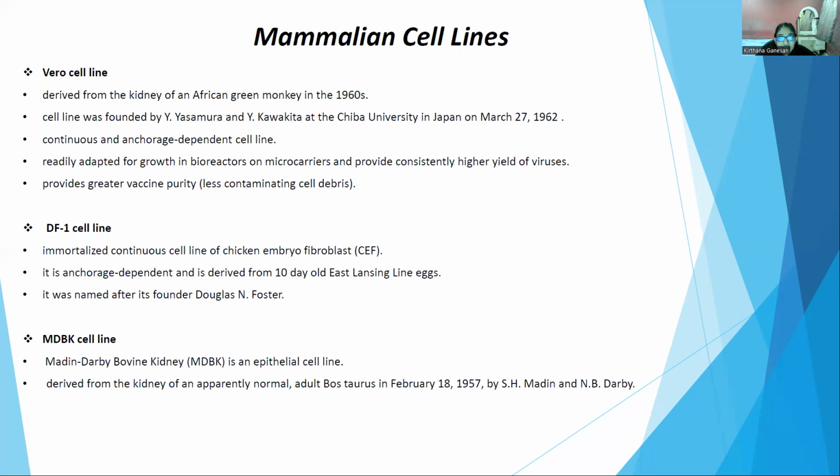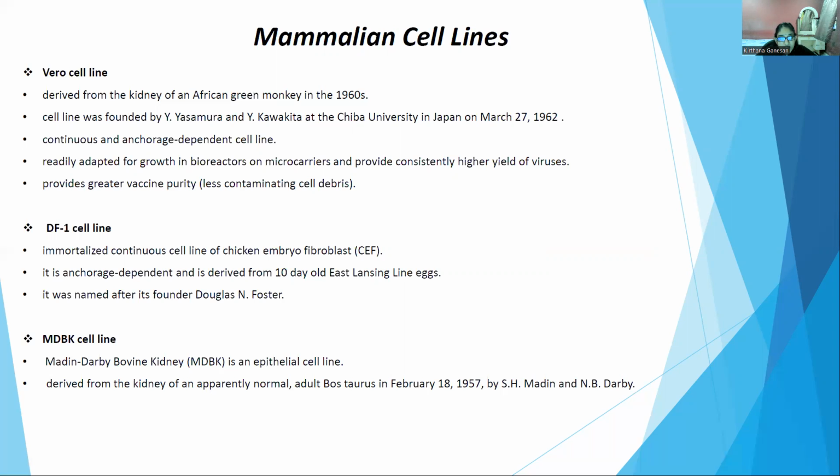Okay, the mammalian cell lines include the Vero cell line, DF1 cell line, and MDBK cell line. So what is the Vero cell line? The Vero cell line is derived from the kidney of an African green monkey in the 1960s. The cell line was founded by Y. Yasumura and Y. Kawakita at Chiba University in Japan on March 27, 1962.